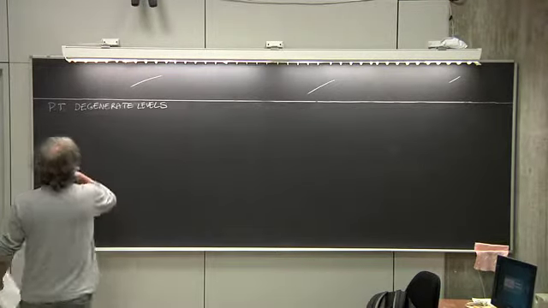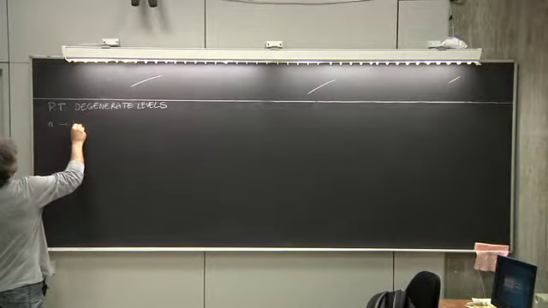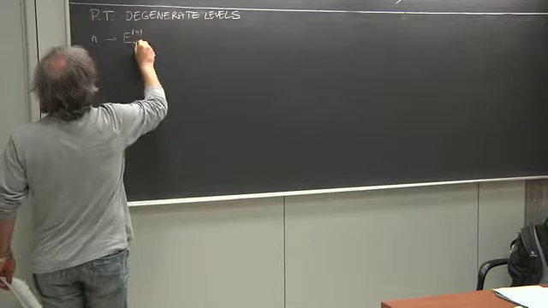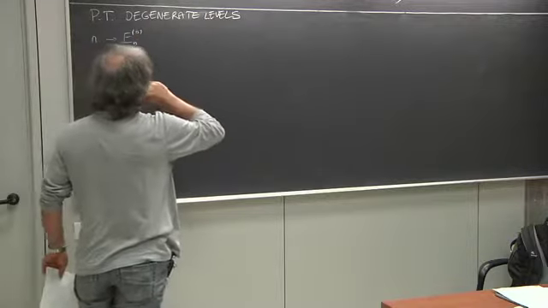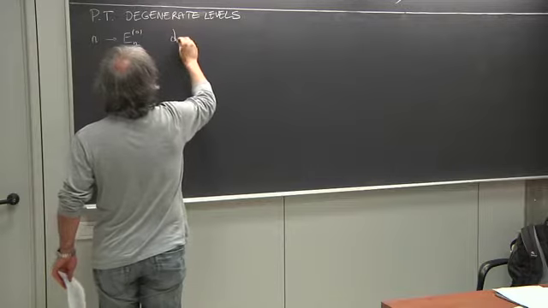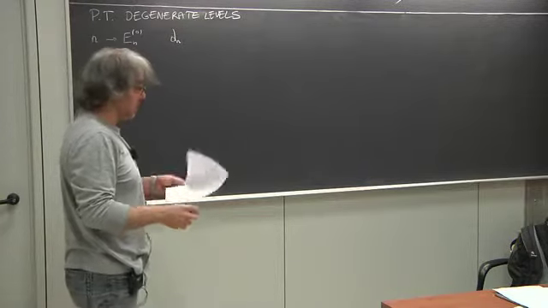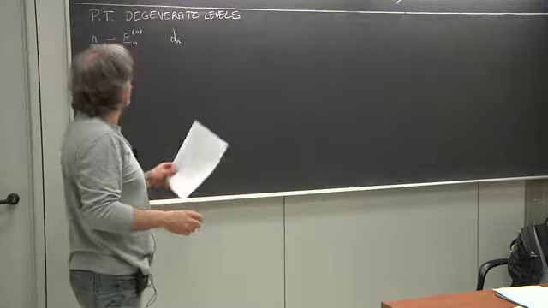Okay, the problem is the following. Suppose that a certain eigenvalue, E0n, is really degenerate. Let's call the degeneracy Dn. So it could be any number greater than 1.